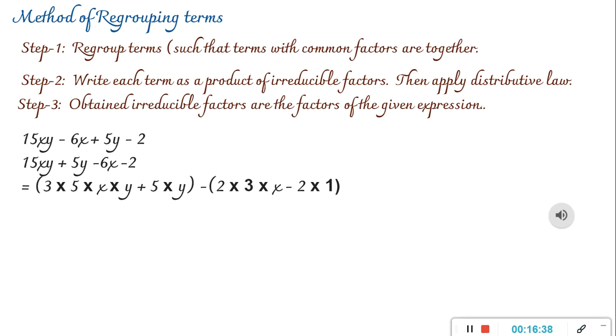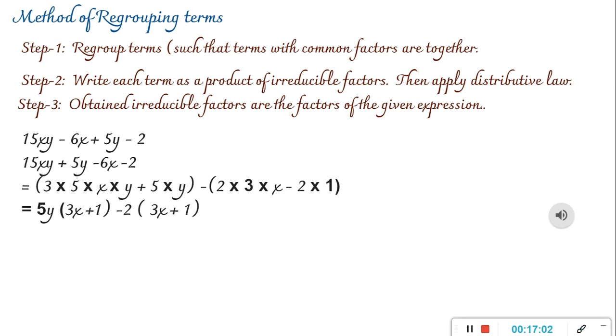What is common between these two terms? 5y is common. So we take 5y as common. Then what is left inside? 3x. Because 5y we already took out. So 3x is left, and for the second term only 1 is left. So this would be 5y into (3x plus 1).